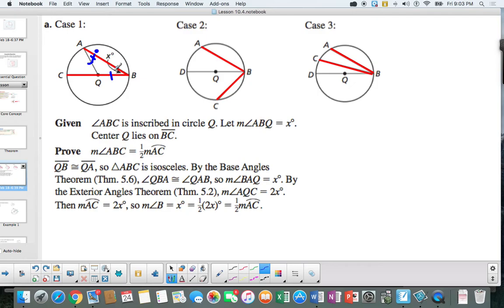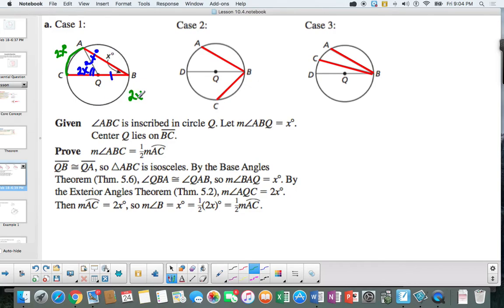Now, from last semester, we learned that an exterior angle, and this is an exterior angle, is equal to the sum of the non-adjacent angles. So this is going to be 2x degrees. That tells us that this measure right here is the same as the central angle, which is 2x degrees, and the inscribed angle is x.